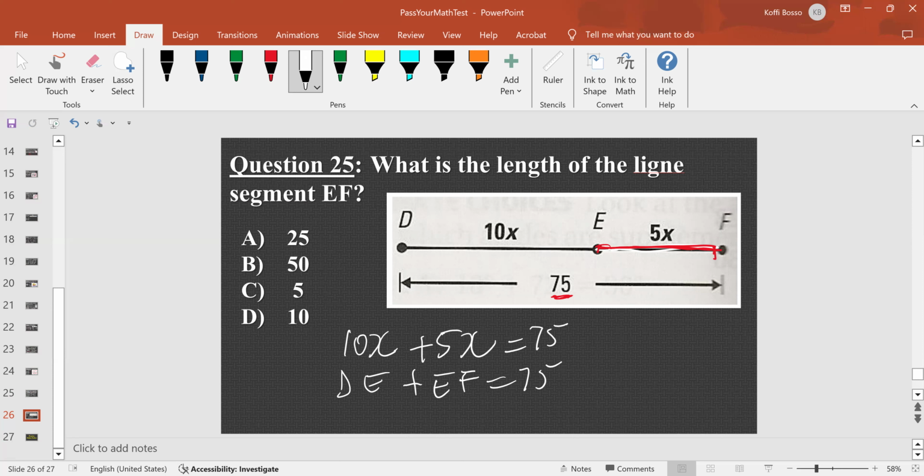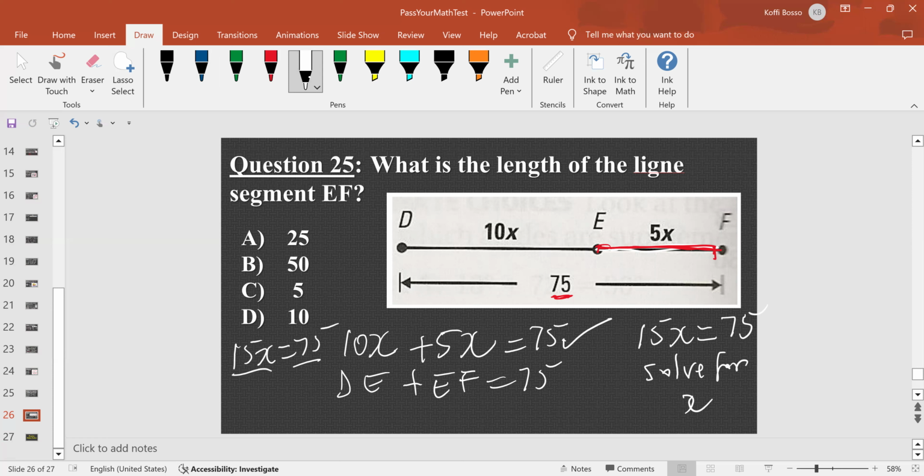Now, when you have 10x plus 5x, this gives you what? 15x, which is the same as 75. So we can solve for x. 15x is equal to 75.